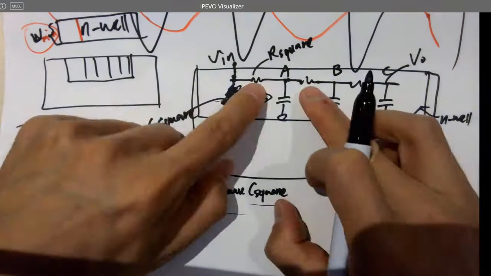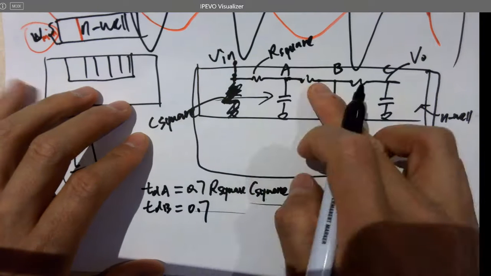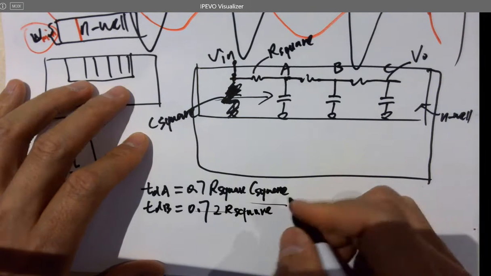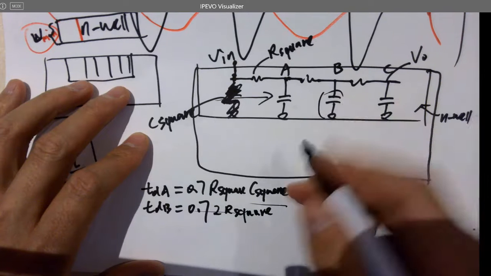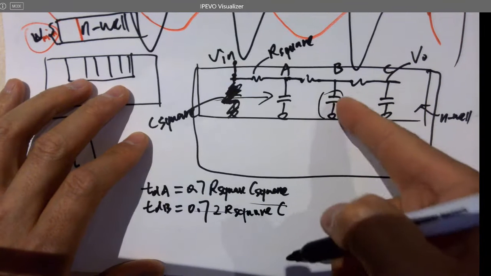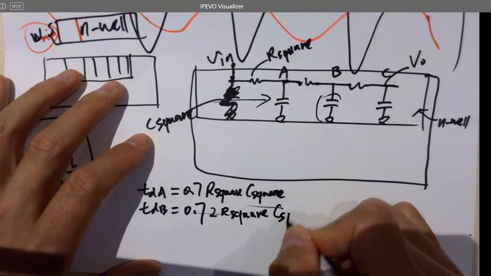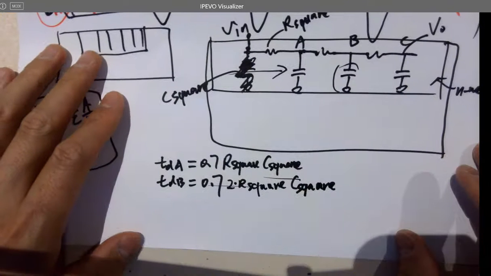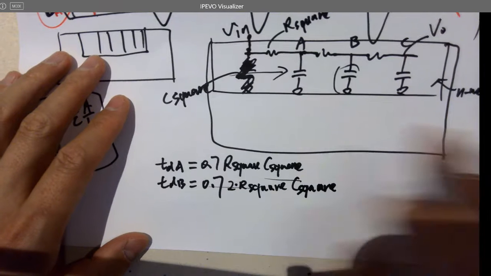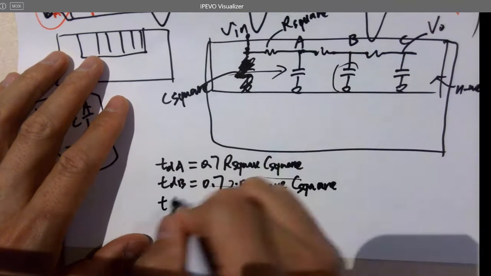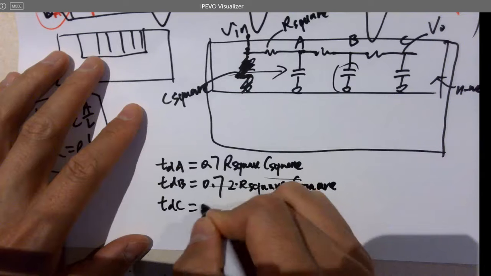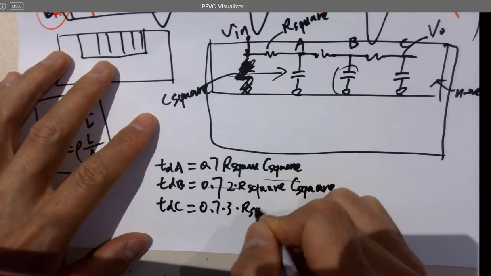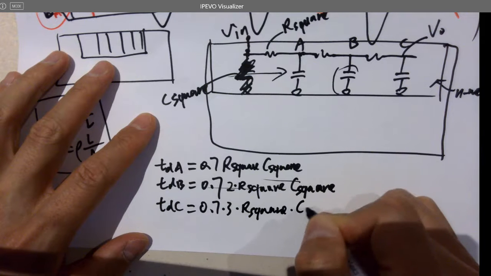You got 2 R's to limit the current. So it's 2 R squared. And because this is another cap, but only one single cap, it's another C squared. And here to C is TDC, which is 0.7 times 3 times R squared times C squared.